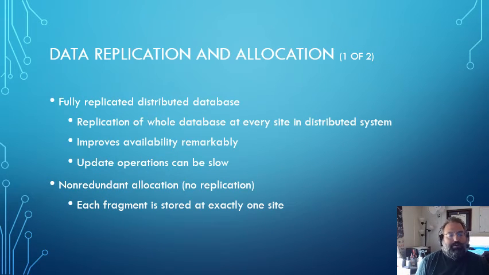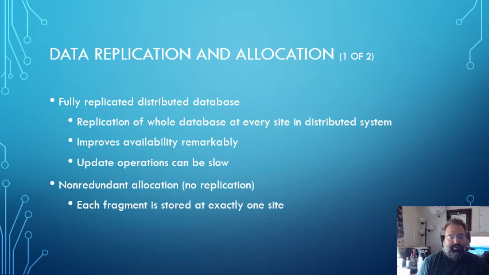Full replication of distributed databases is where the whole database is replicated at every site in a distributed system. This improves availability remarkably, but update operations can be very slow because they have to be applied across the entire system. Non-redundant allocation means no replication, or maybe a certain amount of replication.